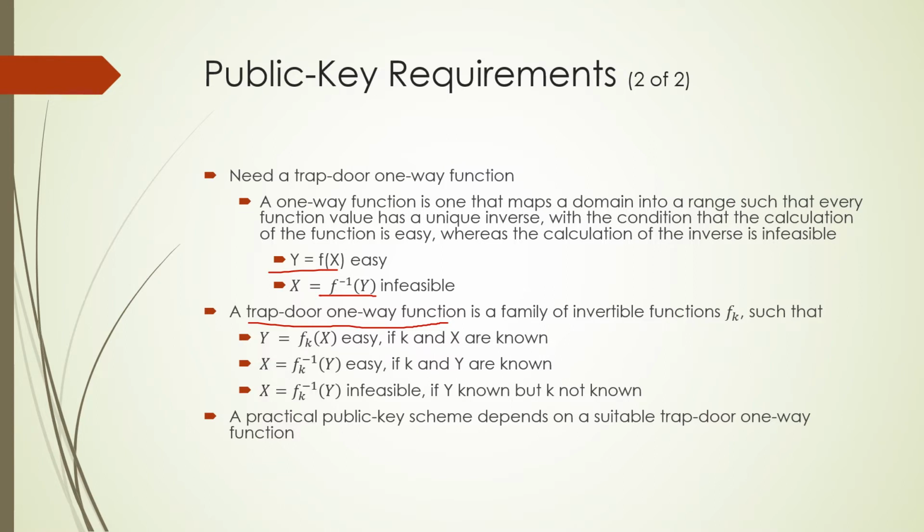But if you don't know that key, it would be impossible or computationally infeasible to calculate the inverse of the function. So let's find out what a trapdoor one-way function means formally.